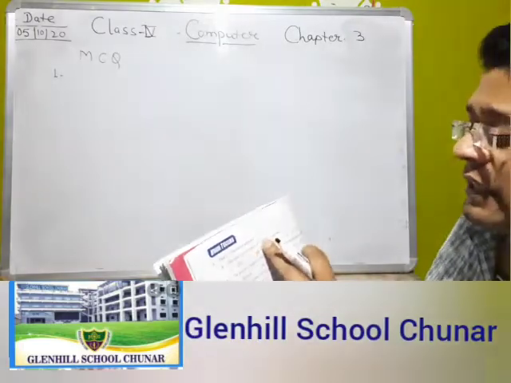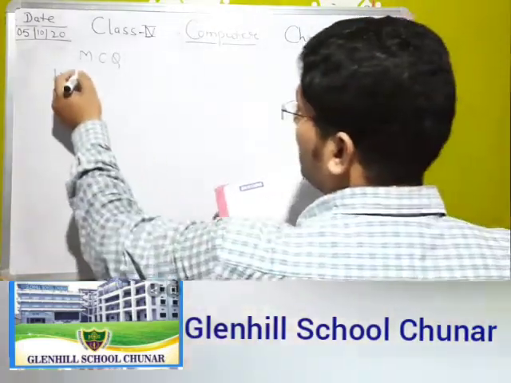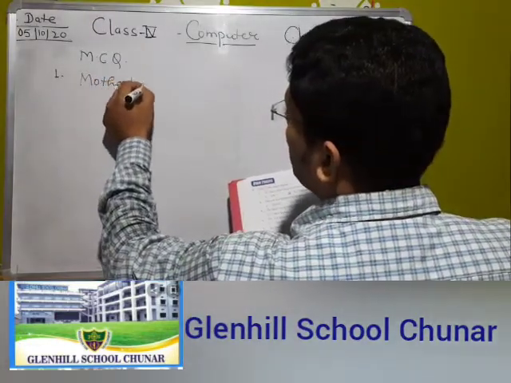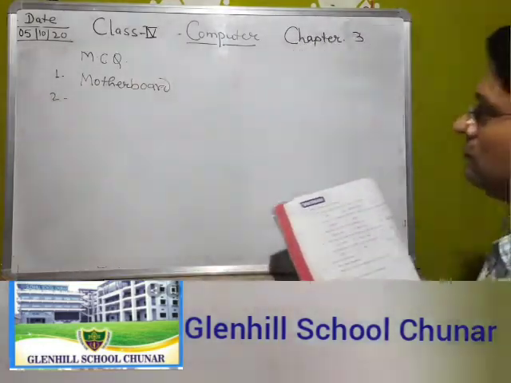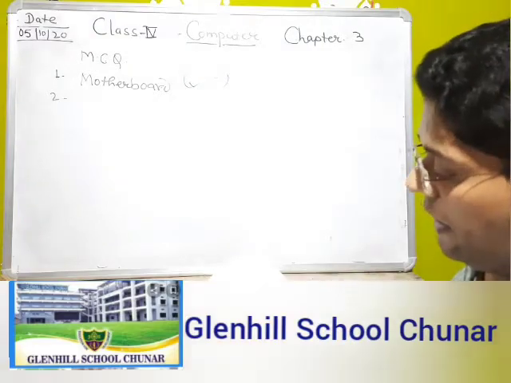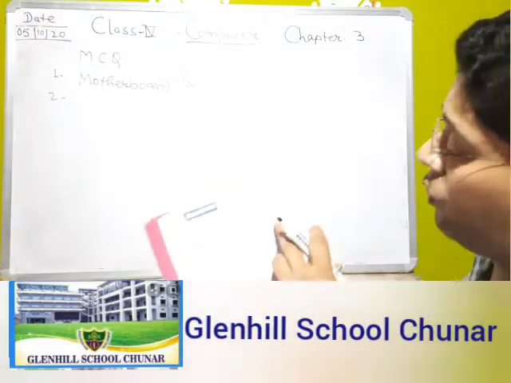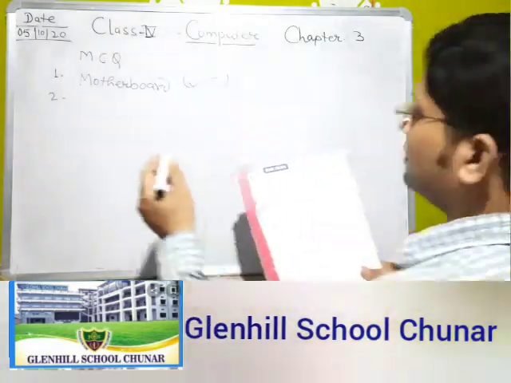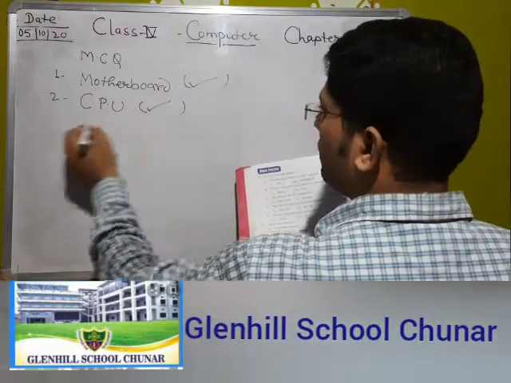So the main circuit board of a microcomputer, so that's motherboard. Okay, student, motherboard is the right answer. And second question, the part of a system unit where most of the calculations take place, so that's CPU.